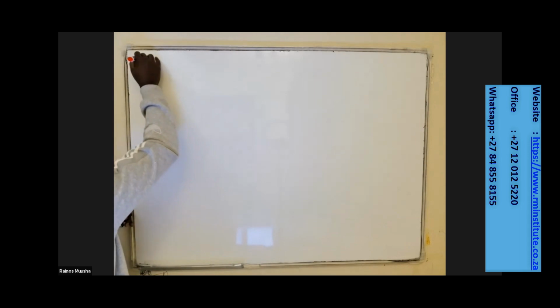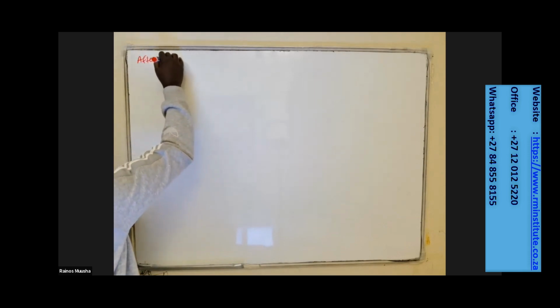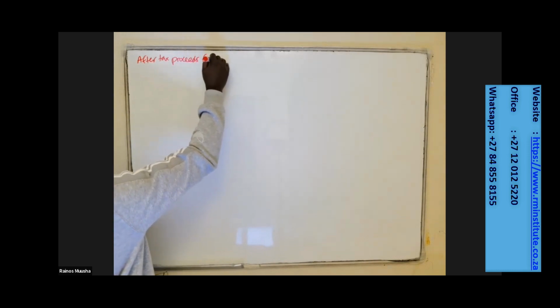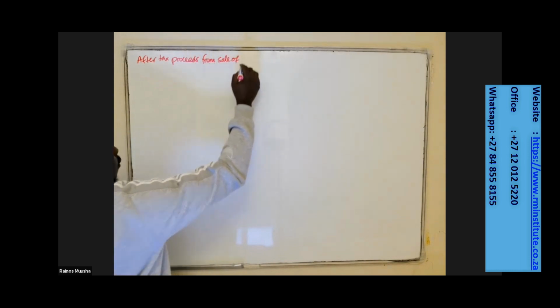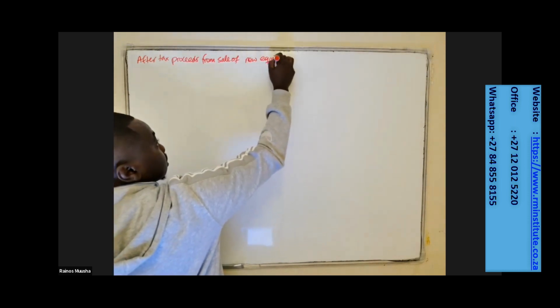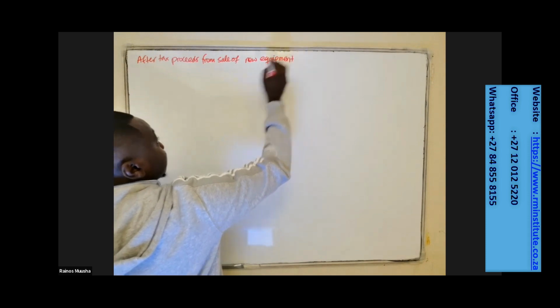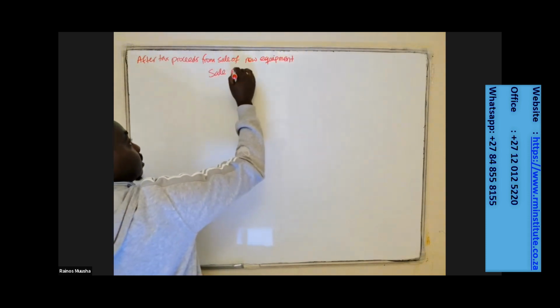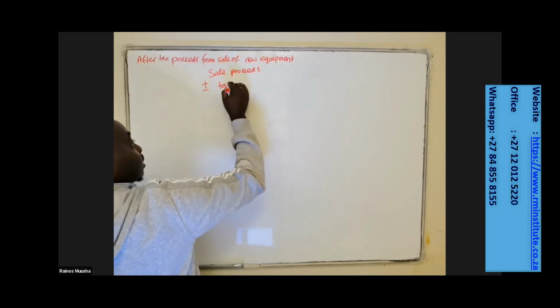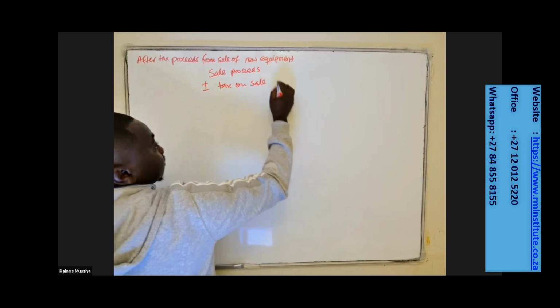So for the terminal cash flow, we're going to say the after-tax proceeds from sale of new equipment, which is given as the sale proceeds plus or minus the tax on sale.